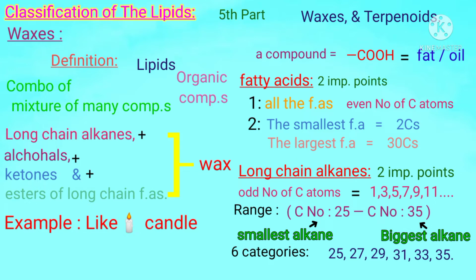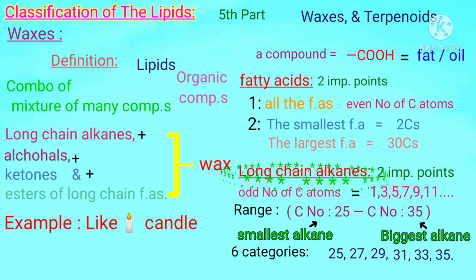Students, I hope your concept about waxes is now clear. The waxes are lipids and mixtures of different compounds. In those compounds, alcohols, ketones, and esters of long chain fatty acids are present. In addition to these, long chain alkanes are also included during wax formation.